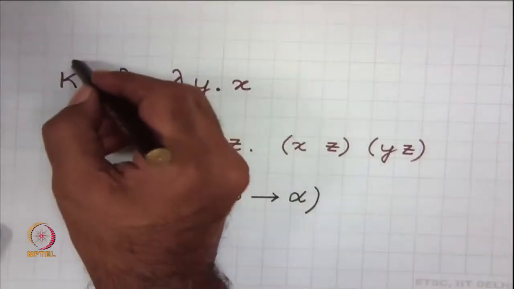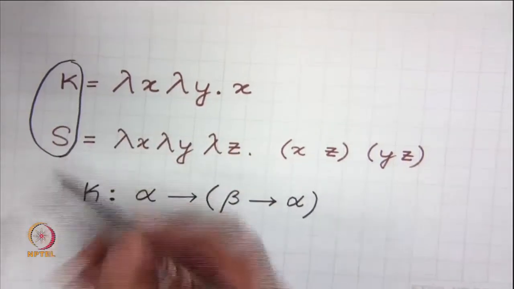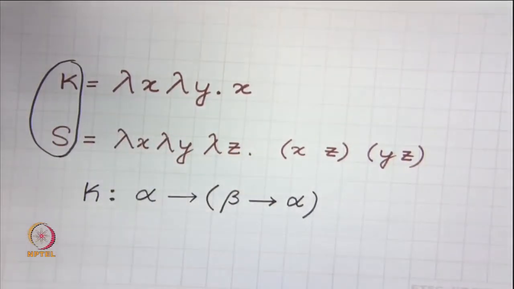By the way, you must have also learned that these K and S combinators are sufficient to describe all computable functions.